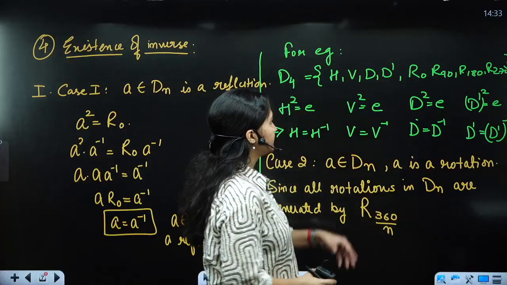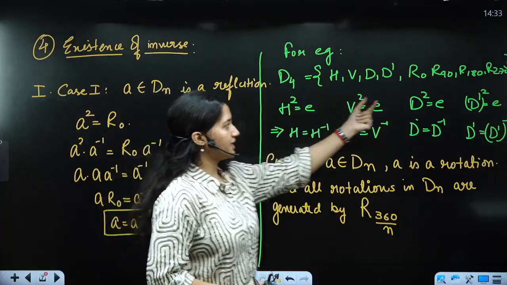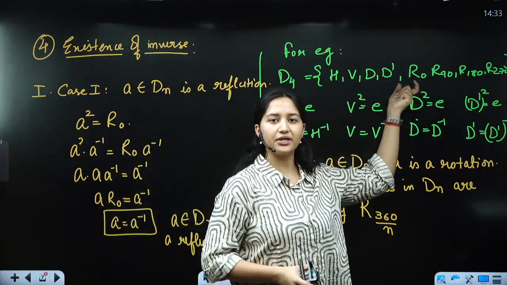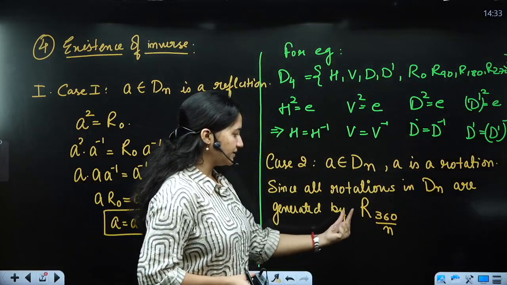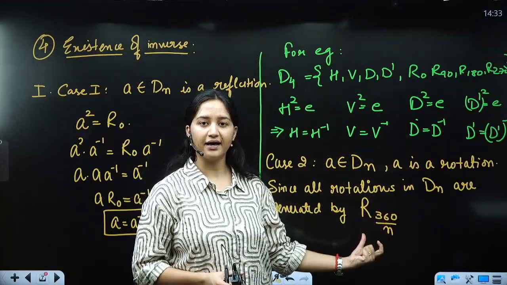Look, since it is D4, which rotation is generating all the other rotations? That is R 360 by 4, which is nothing but R90, right?